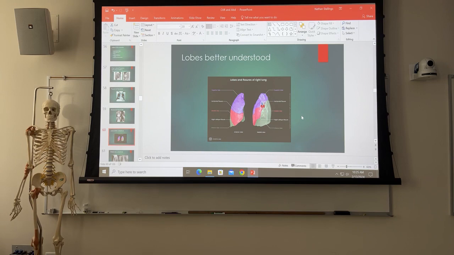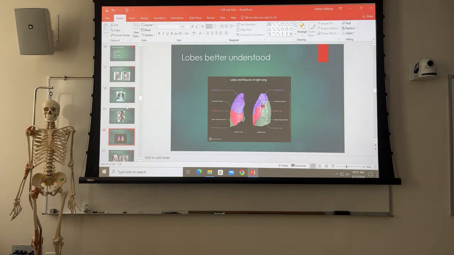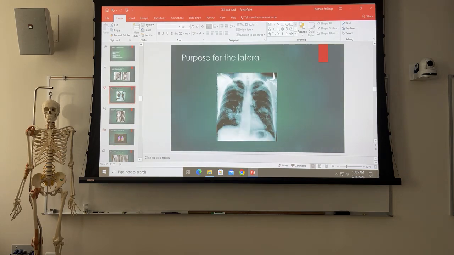So it makes it a little bit more difficult to determine exactly where the pathology is because the fissures on the individual lungs kind of run at oblique angles. So it gives us some dimensional perspective. So on a lateral, we should be able to see a little bit more closely where that pathology is. So back to this one, we've got this here, and on the lateral, because this is right lung, right?